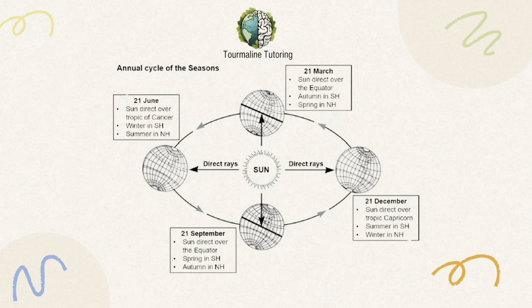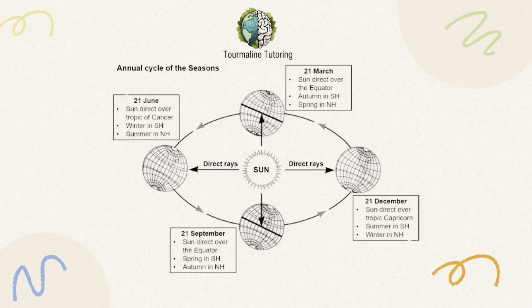Because the earth is tilted, the southern hemisphere receives more incoming radiation, but the northern hemisphere receives less.